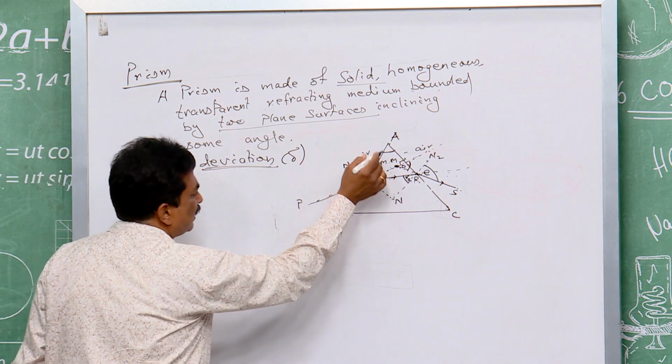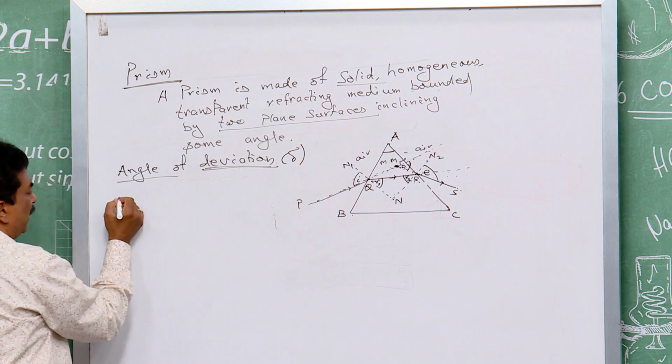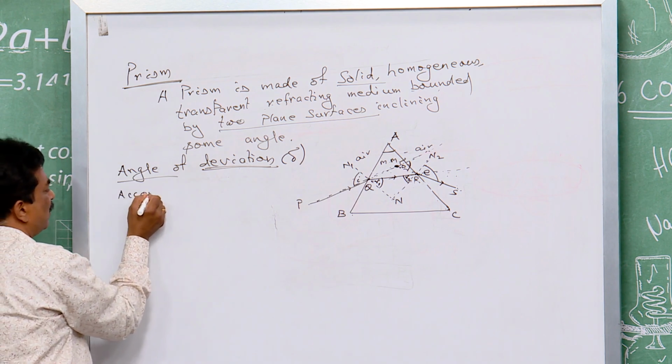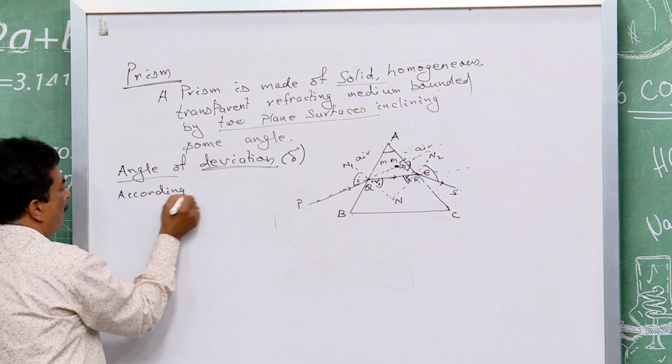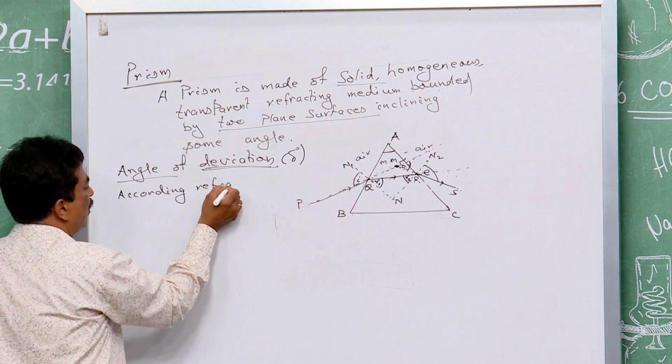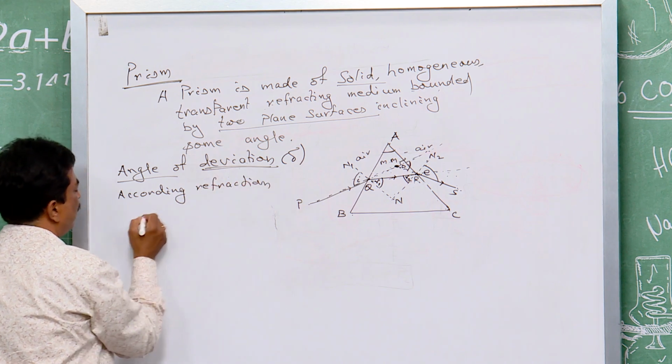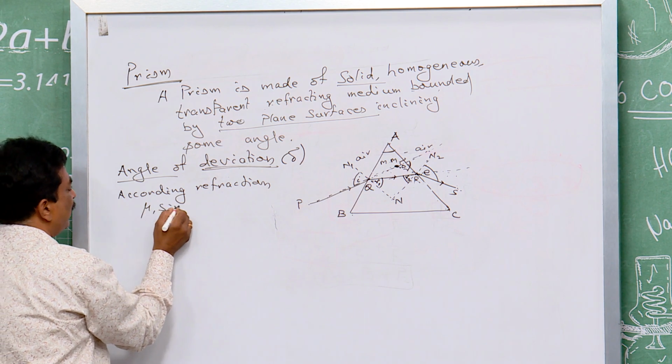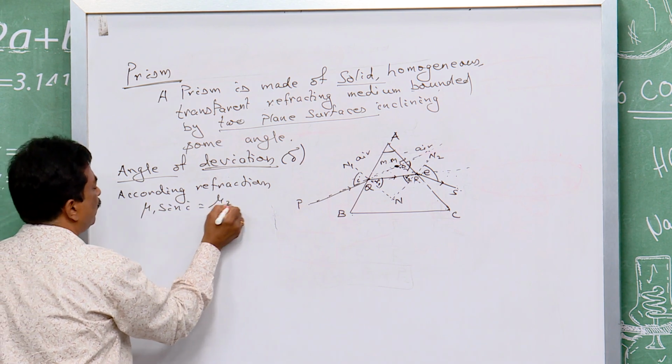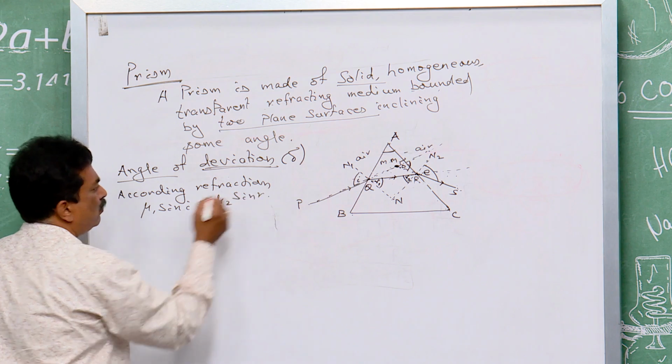Now you see that the refraction is taking place. According to refraction, mu1 sin I is equal to mu2 sin R, we know.